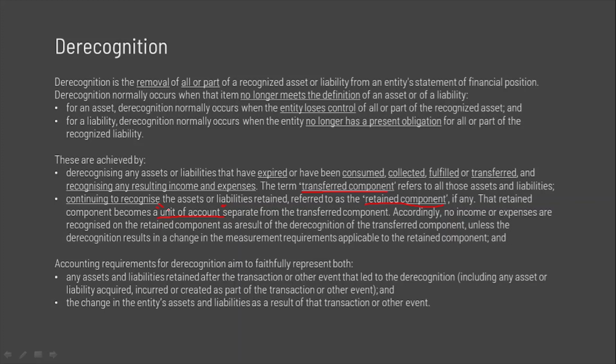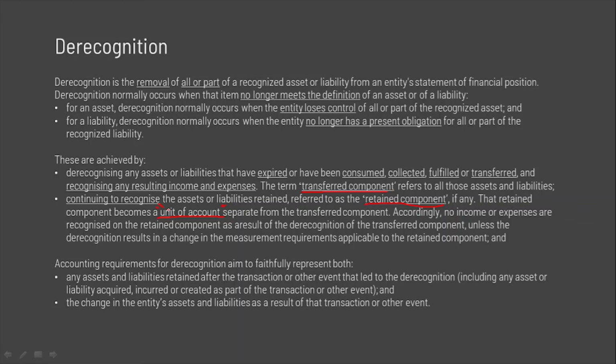A unit of account can be an account title such as cash or accounts receivable, or a group of similar assets like your property, plant, and equipment, or a group of assets and liabilities like your cash generating unit or your CGU. A unit of account is selected for an asset or liability when determining how that asset or liability and the related income or expense will be recognized and measured.